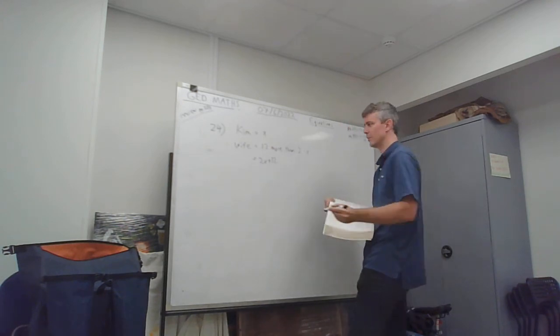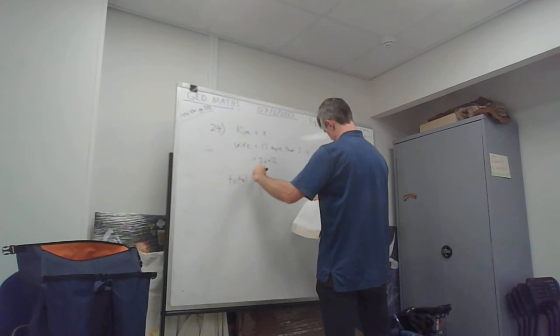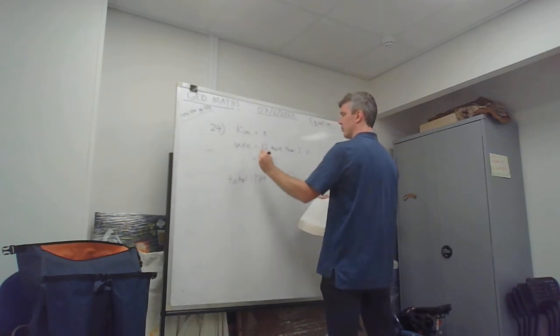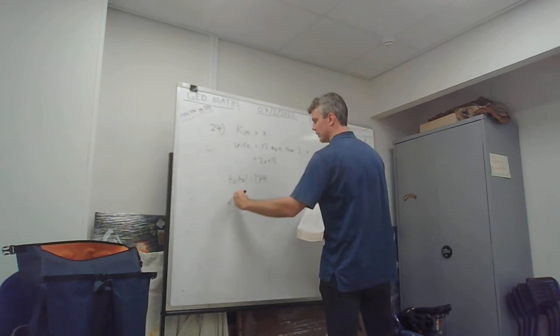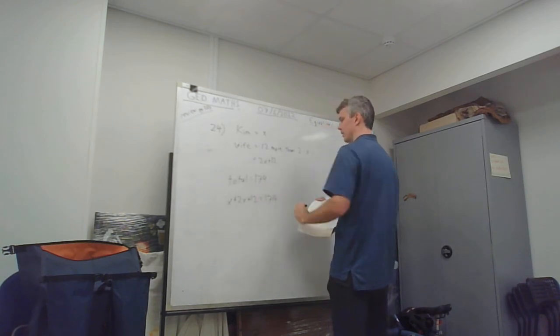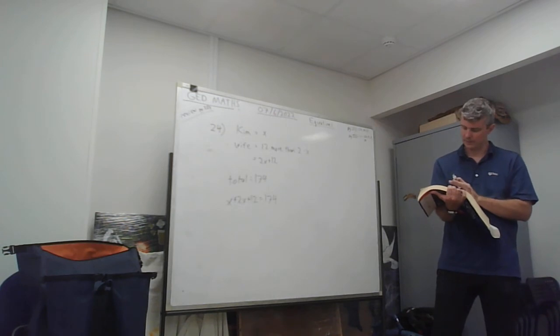And then the total is 174. So then we do Kim plus wife equals 174, which is x plus 2x plus 12 equals 174. So that's how they get to that equation, and then they give it to you nicely here.